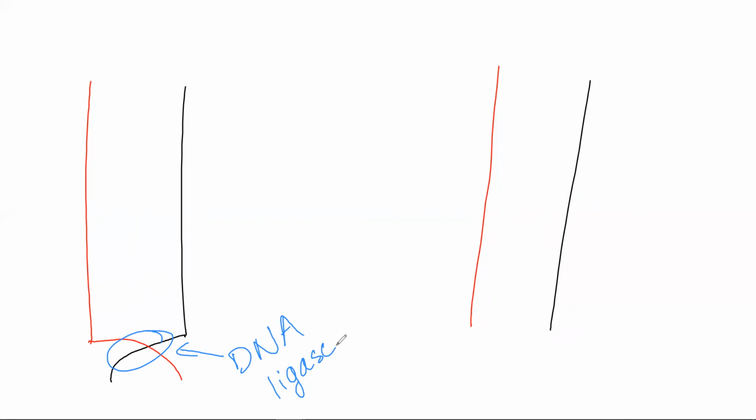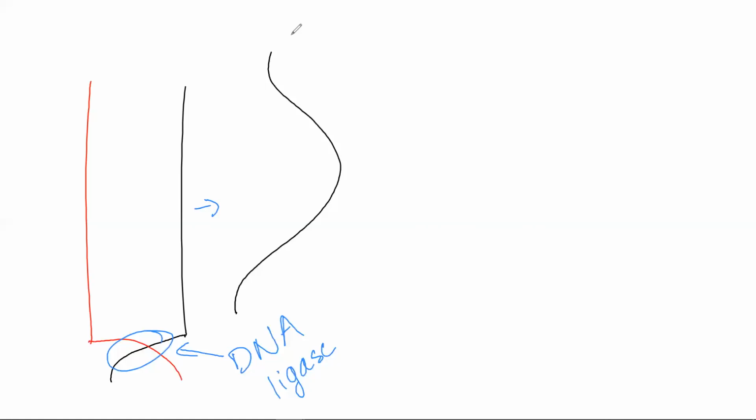So then this set of two is going to come, after it's all gone through and zipped it all back up. And look at that, it's a normal looking DNA. The same thing's going to happen for the other two strands I erased, but that's what it's going to look like.